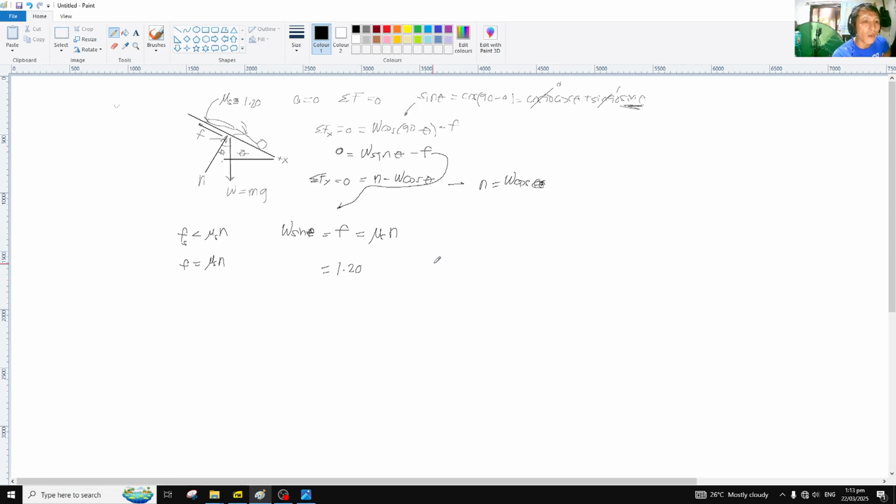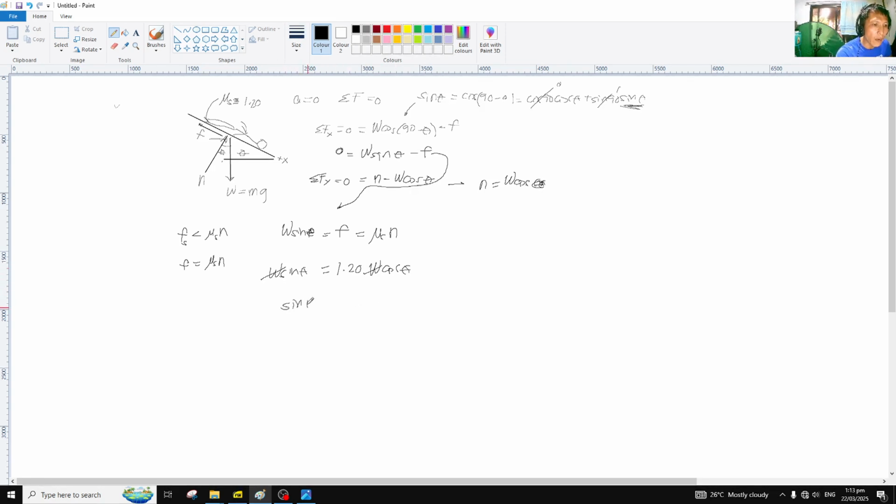It may not have a number to it, but usually mass is given from an applied type of problem, so it should be resolved in W. So 1.20 N, and N is W cosine theta. So this is equal to W sine theta. You can actually cancel the W since it appears on both sides.